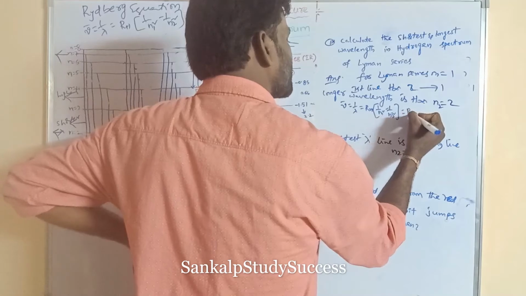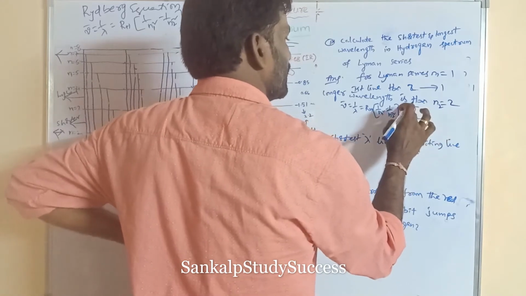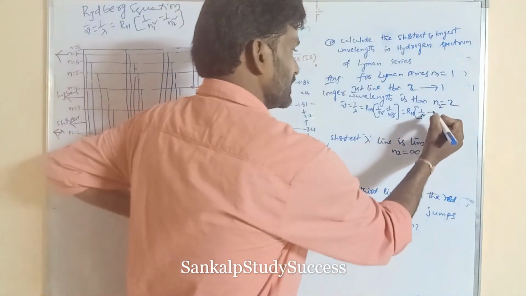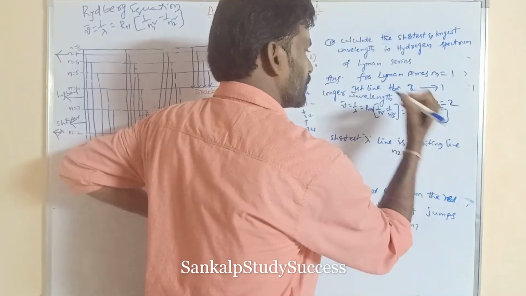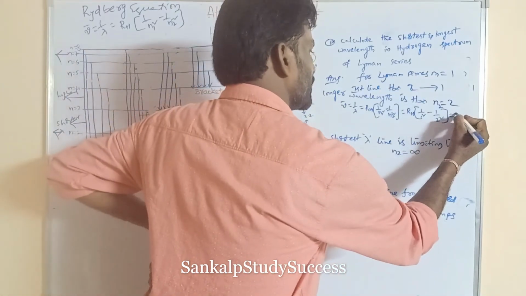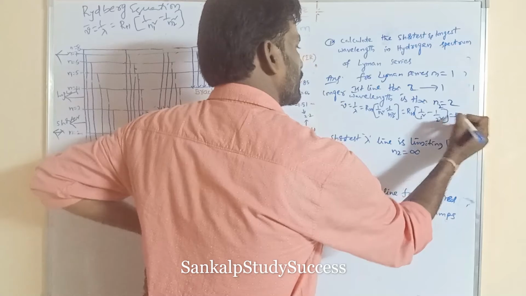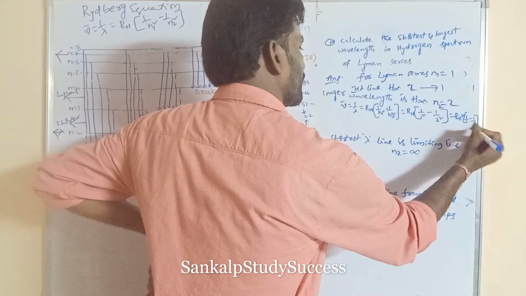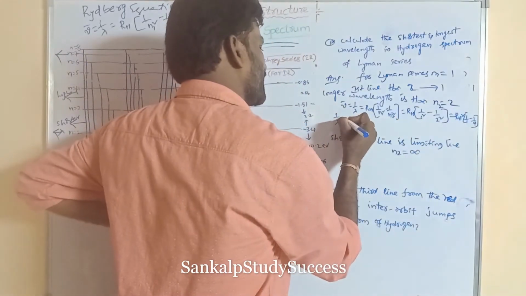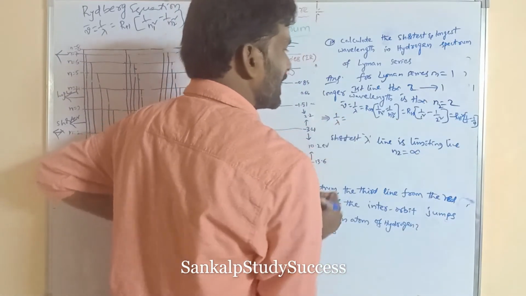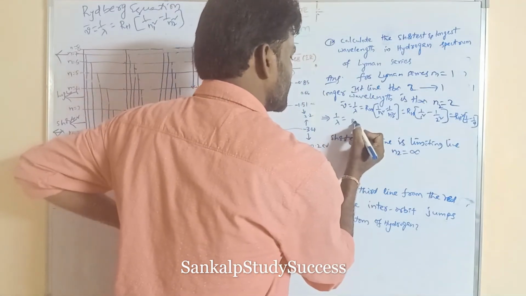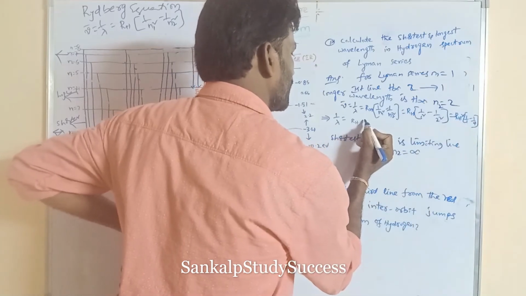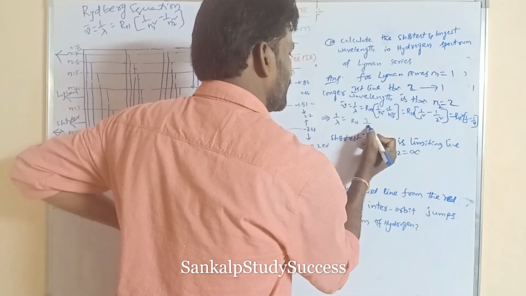Now RH into 1 by n1 square. What is n1? Here n1 is 1, so 1 by 1 square minus 1 by 2 square. So it is RH into 1 minus 1 by 4. That means 1 by lambda is equal to RH into, LCM 4, 4 minus 1 by 4, 3 by 4.